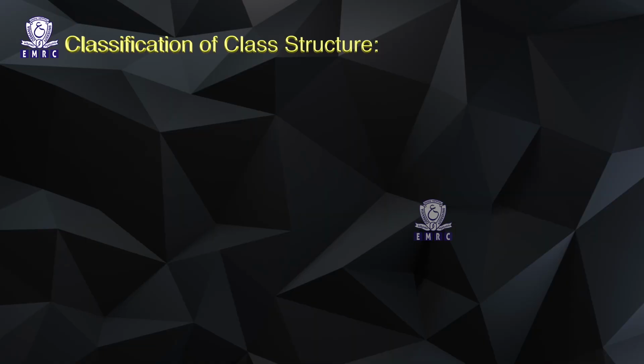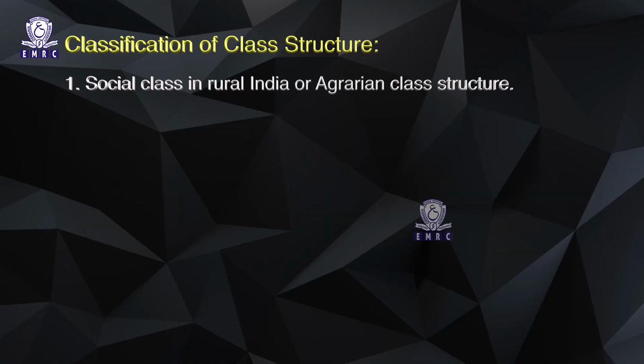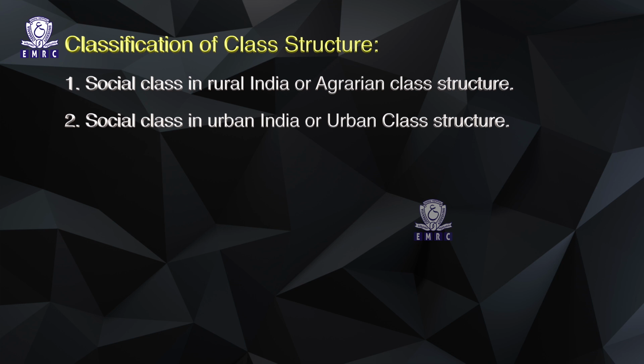When we try to understand the Indian class structure, the class structure of Indian society can be broadly classified into two categories: social class in rural India or agrarian class structure, and social class in urban India or urban class structure. Broadly, sociologists have classified the agrarian classes in India in these terms.